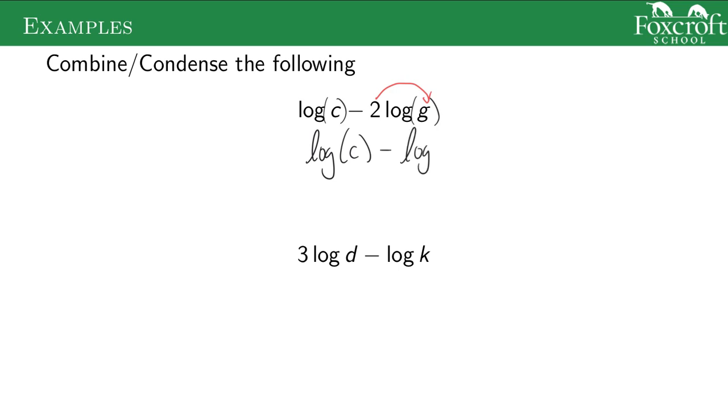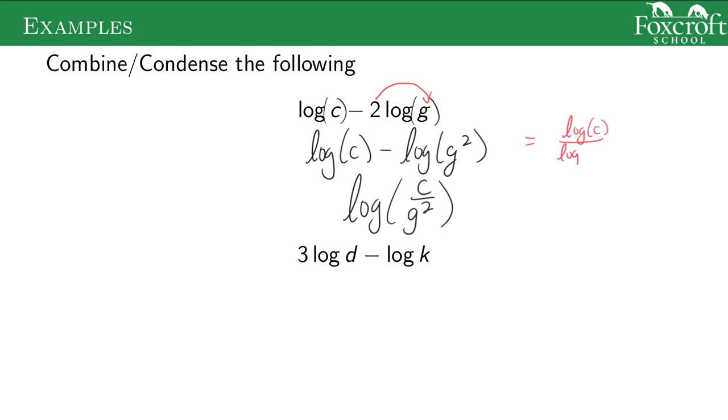The minus sign is going to stay, and I get g squared. And then again, subtraction leads to division. The most common mistake students will make in this step is to write it like this, because they remember that subtraction leads to division, so they divide the two separate logs.